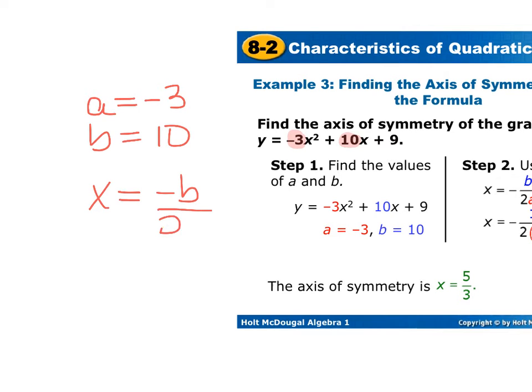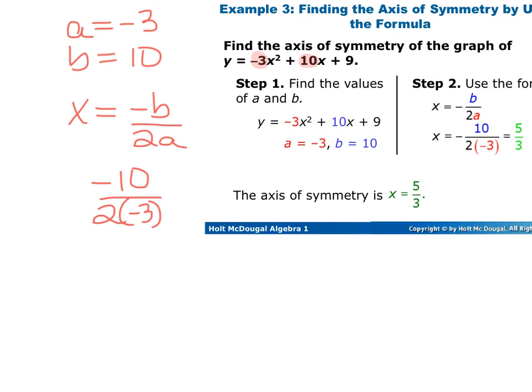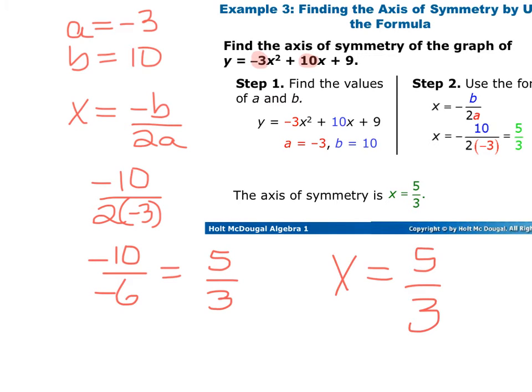Negative b over 2a. b is positive 10, so I'm going to now make it negative 10 over 2 times negative 3, and I get negative 10 over negative 6. I need to reduce. I can divide them both by 2, and it becomes 5 over 3. Again, axis of symmetry is an equation, so you need to put it as x equals.